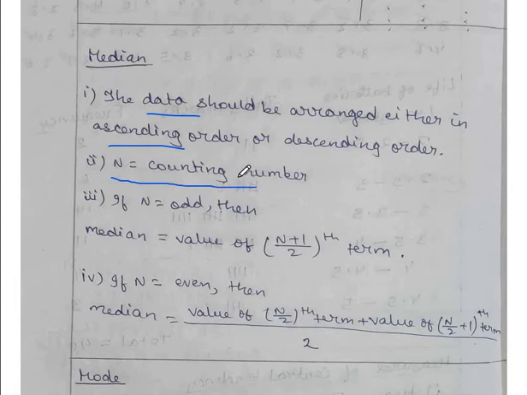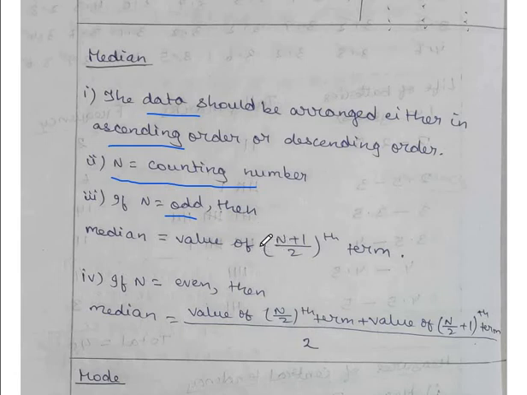So how many data are there, how many numbers are available to you, count it and put n equal to something. Now if after counting n becomes odd, then the median formula is value of (n plus 1) by 2 th term. If n is odd, median formula: value of (n plus 1) by 2 th term.